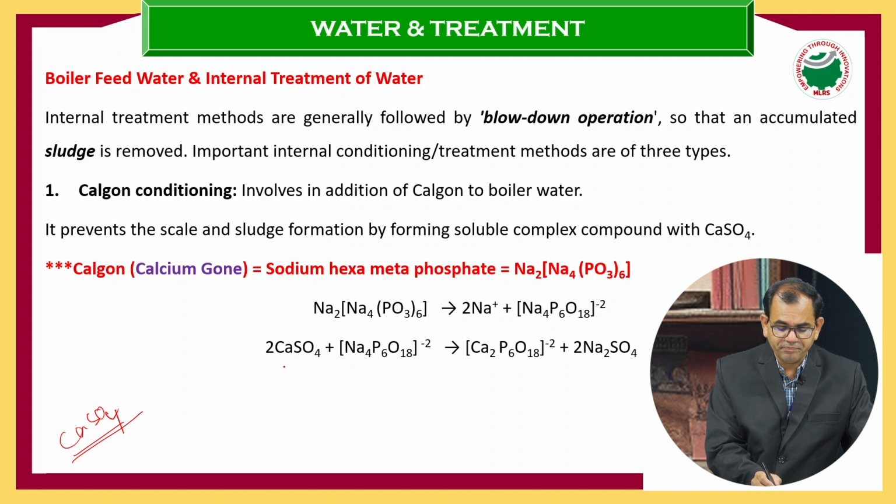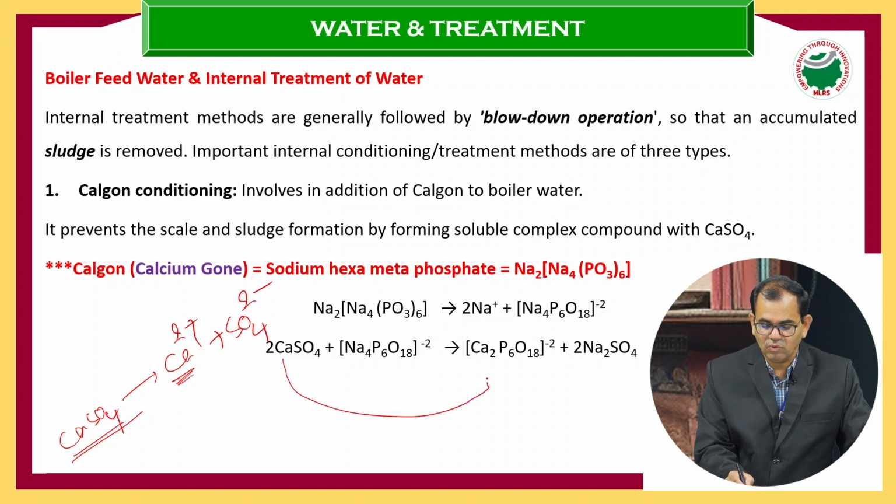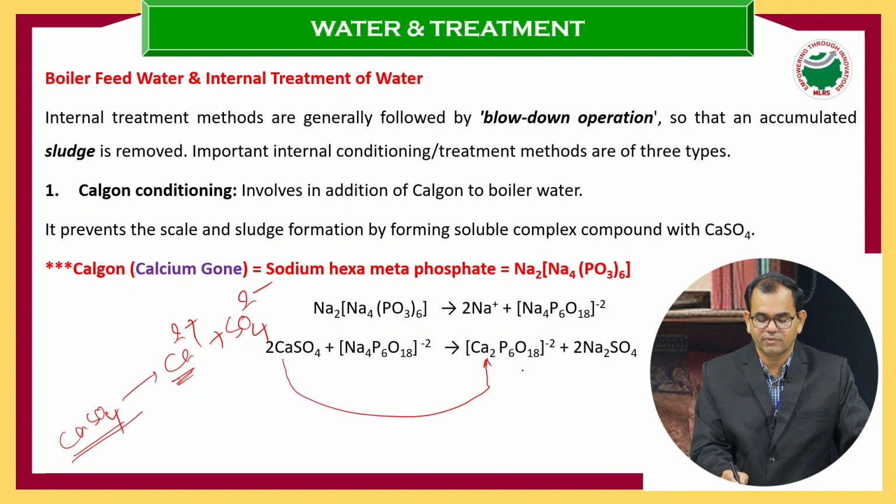Calcium sulfate will be dissociated into Ca2+ ions plus SO4 2- ions. This calcium will combine with phosphate. Here we can see calcium 2 replaced with sodium. So the phosphate group of sodium hexametaphosphate has been conjugated with calcium and converted into calcium phosphate.